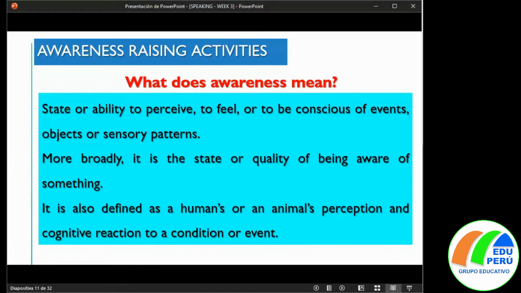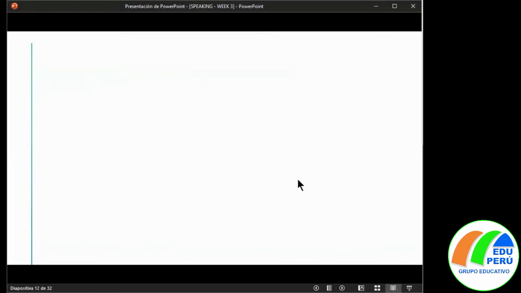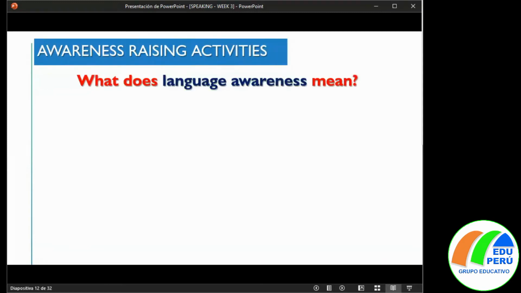Notice at the end it says a cognitive reaction. Cognitive is related to knowledge, all right? To a condition or event. Now that we have analyzed the general term of awareness, remember that we're talking about a language. So, what does language awareness mean?